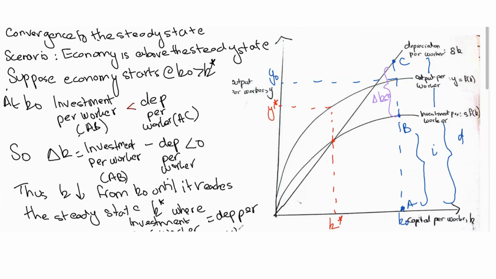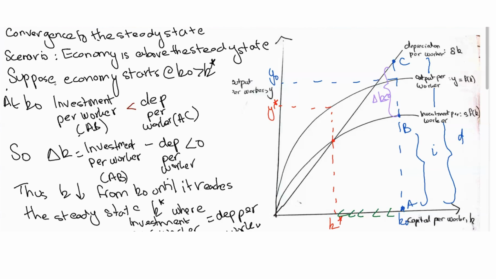And graphically, we can show it like this. You're at k naught. k is going to go down because change in capital per worker is less than 0. So it's going to go down until investment per worker is back equal to depreciation per worker at k star.